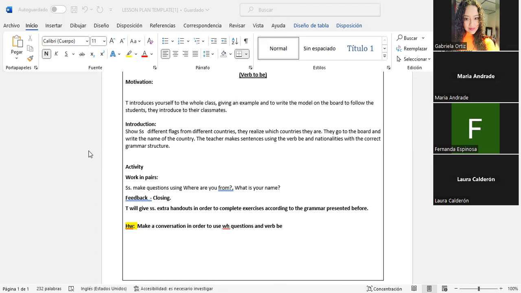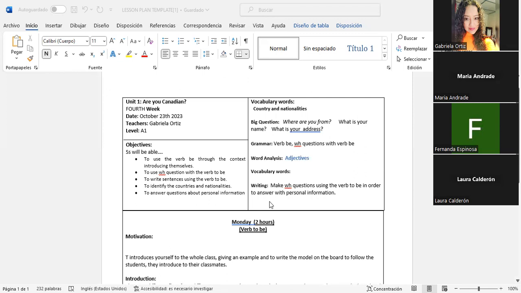And as homework, students are going to make a conversation in order to use WH questions and the verb be. For example, what's your name? Where are you from? What is your nationality? In order to use the verb be, which is the main topic of the class.